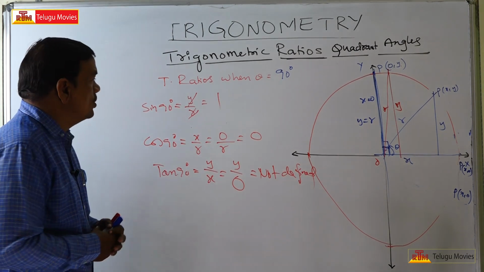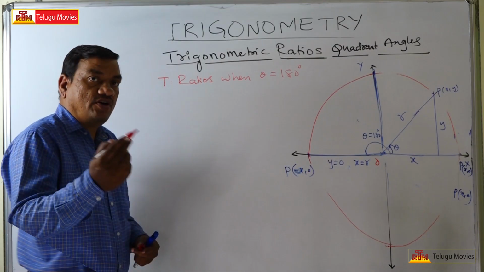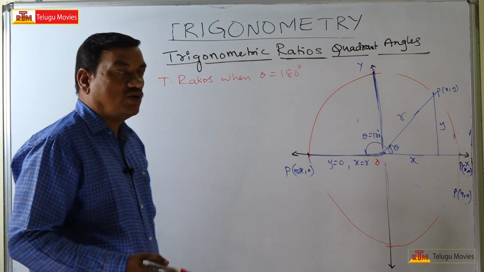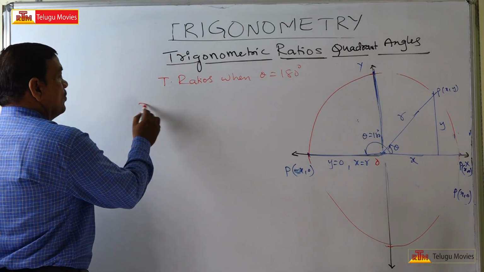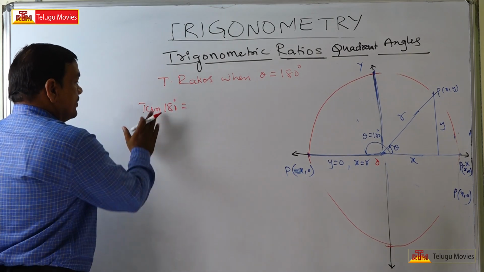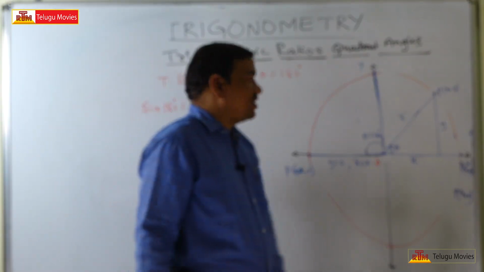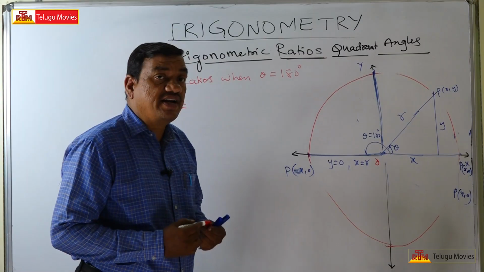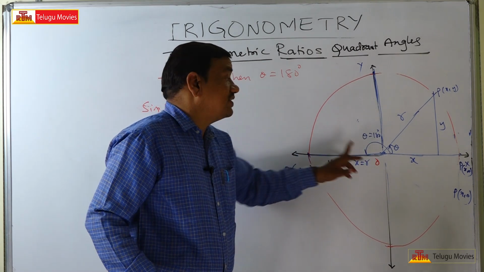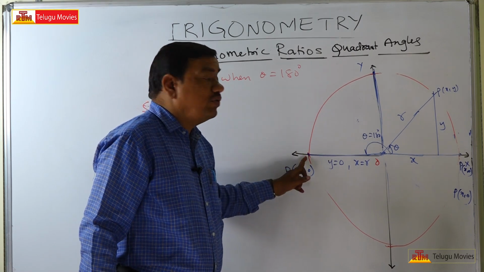Okay, now let us see the trigonometric ratios of 180 degrees. Dear students, let us see the trigonometric ratios of theta equal to 180 degrees. First, sine of 180 degrees. As per the definition of sine, if theta is equal to 180 degrees, the point P lies on the negative x-axis.